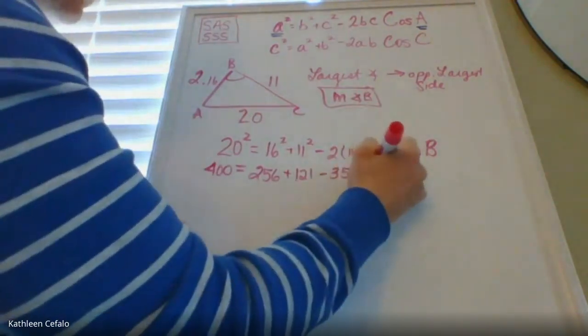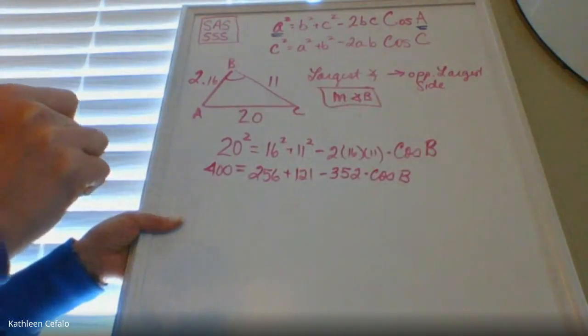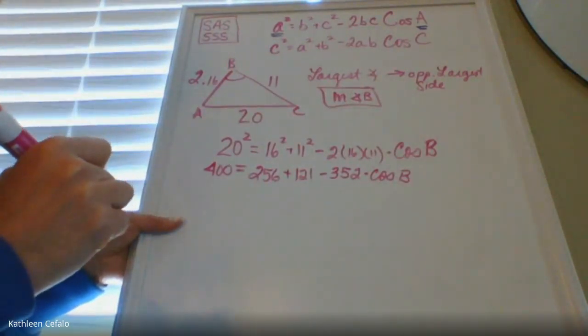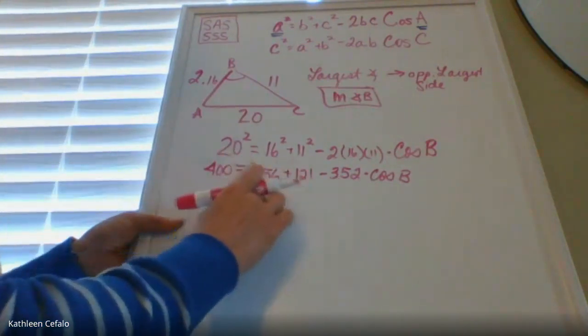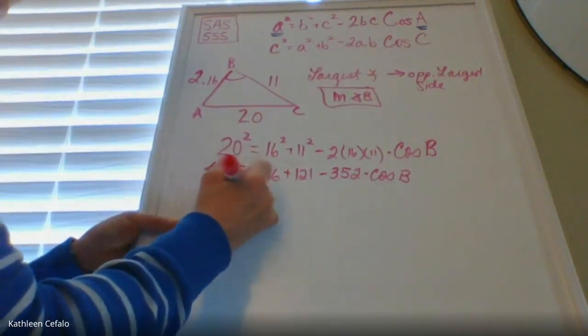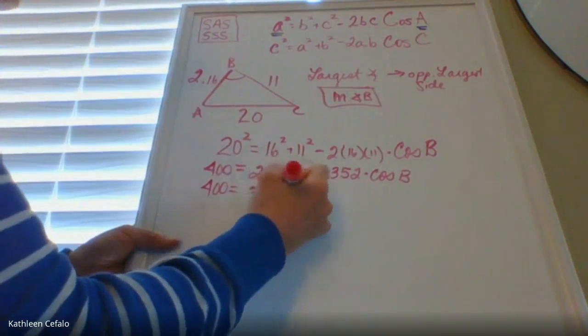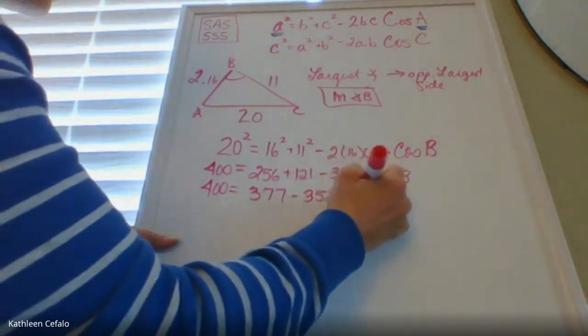And then I still have to multiply that by the cosine of B. So we just have to be careful with orders of operations here. Orders of operations says I could simplify this, right? 256 plus 121 first. So that's going to get us a total of 377 minus 352 times cosine of B.